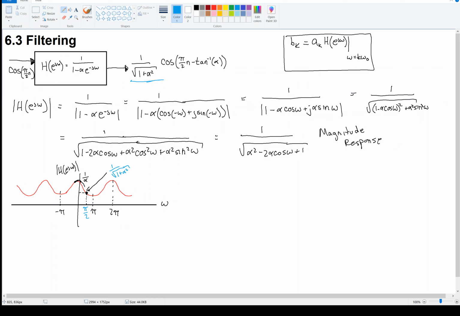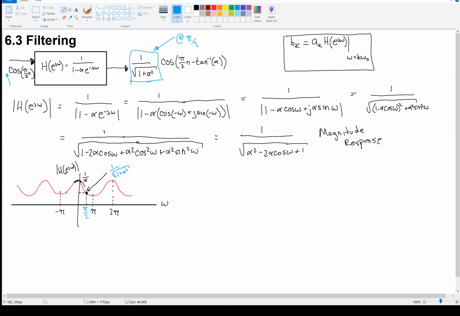So notice, when we put a cosine at this frequency, pi over 2, what ended up happening was that the amplitude, which was 1, got scaled by the magnitude response. This is the magnitude response, evaluated at pi over 2, the frequency.